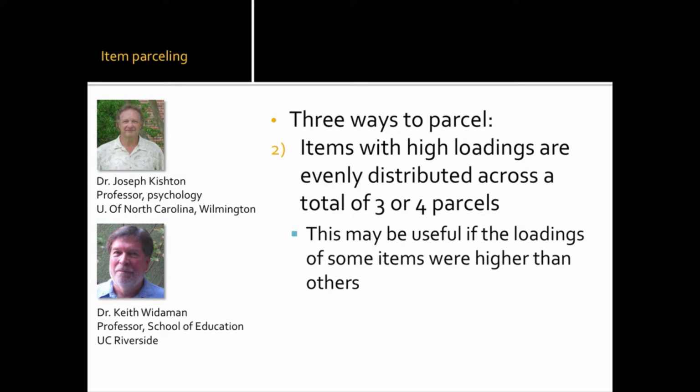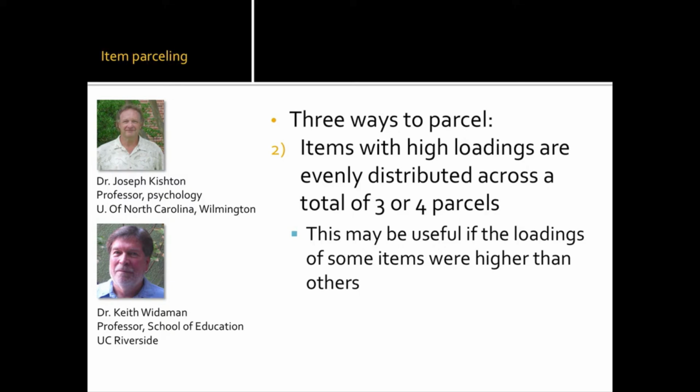So what you could do here is do a factor analysis, rank order your factor loadings, and then make sure that each composite has at least 1 or 2 high ones included in its parcel. This one, to me, is a little bit like fishing through your factor loadings.